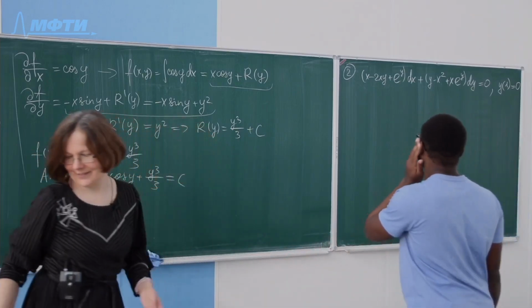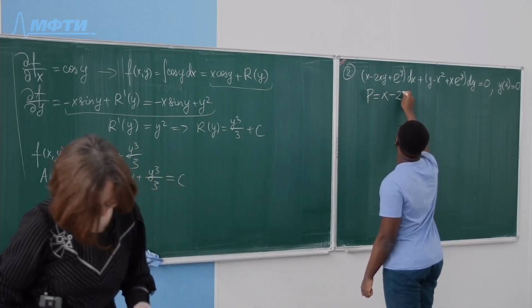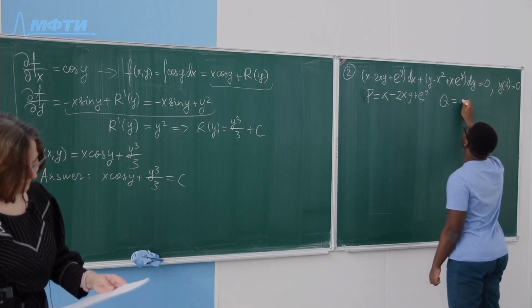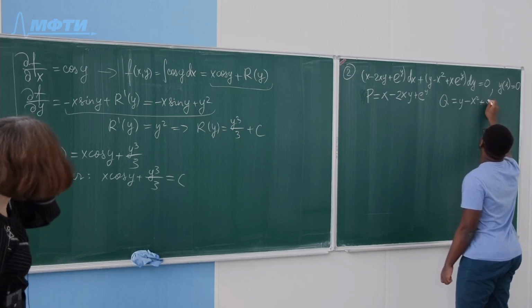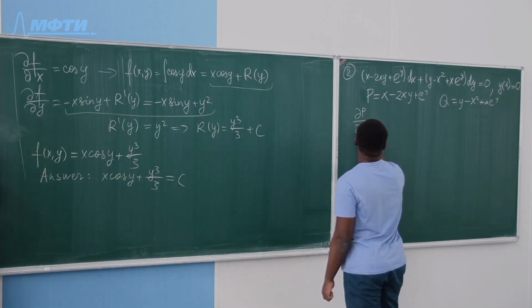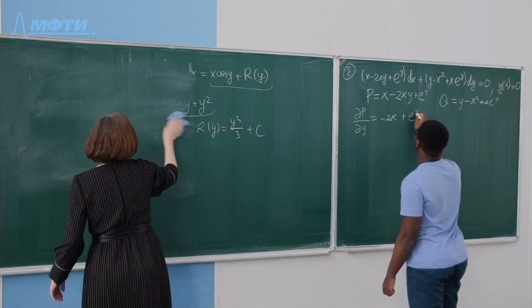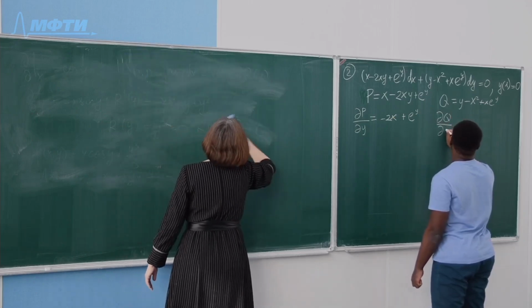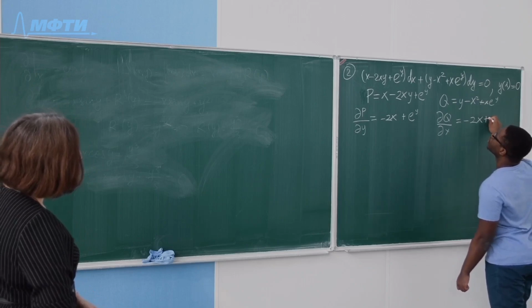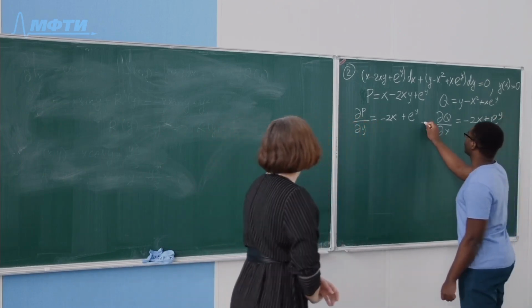So this is a chalk. Minus 2x, with respect to x, e to the 2y, so the same.